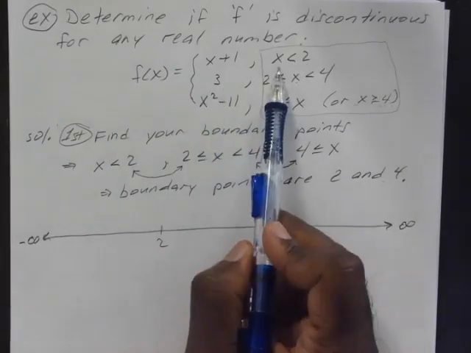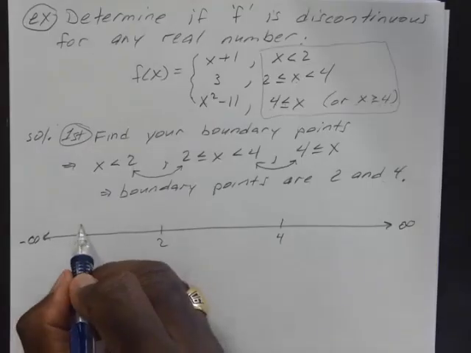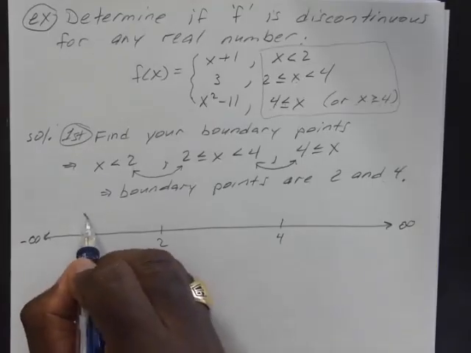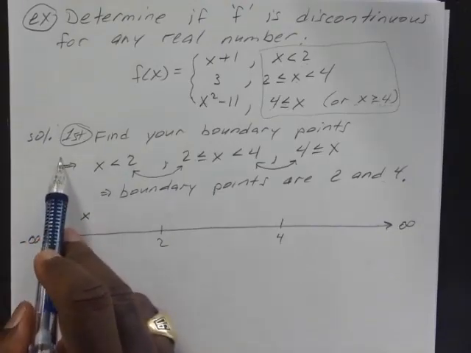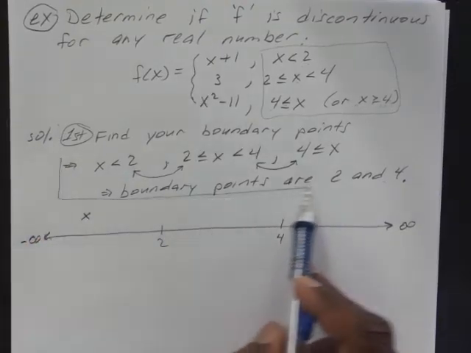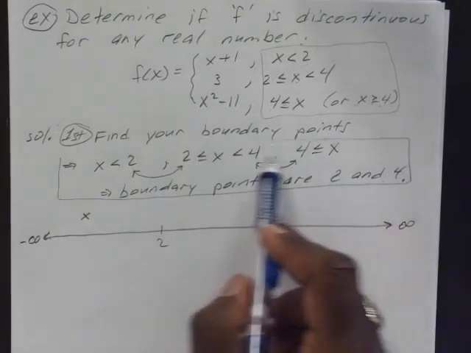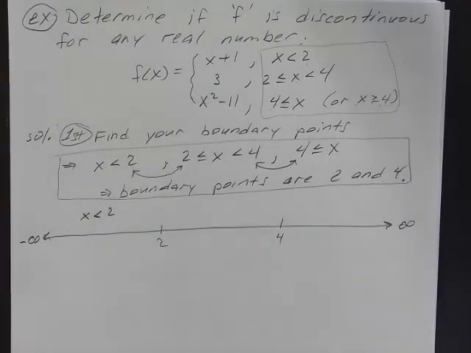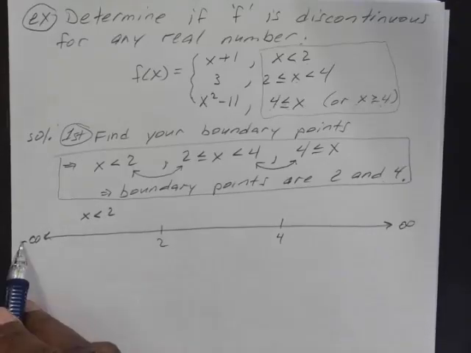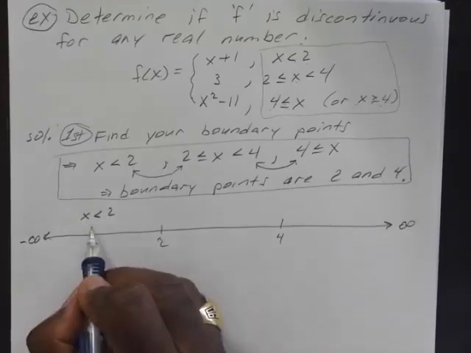So remember, when x is less than 2, actually, let me kind of separate this a little bit, just so I can finish writing. So x is less than 2. That's just the interval from negative infinity to 2.